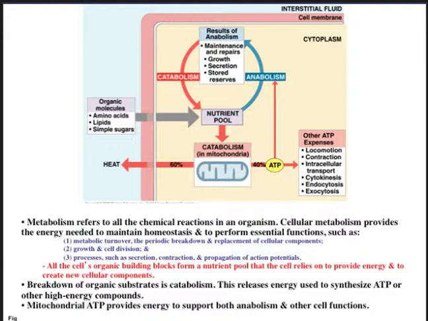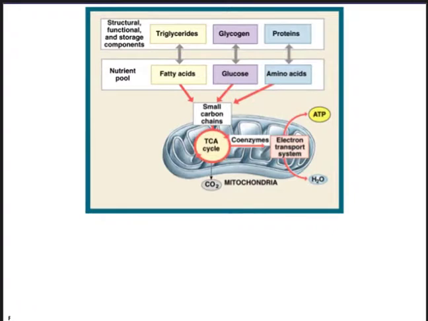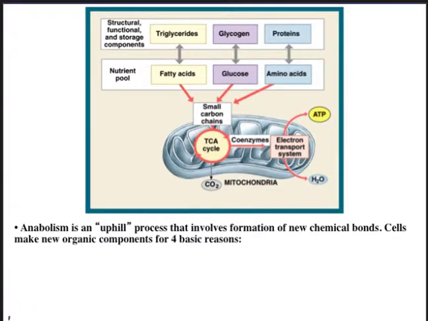So anabolism relies on catabolism in order to operate. One wouldn't occur without the other. And what you're looking at here is a diagram showing you a mitochondrion, and this is showing you some of the molecules that can feed into the metabolic pathways that take place inside the mitochondria.